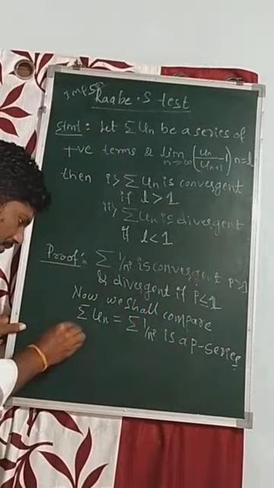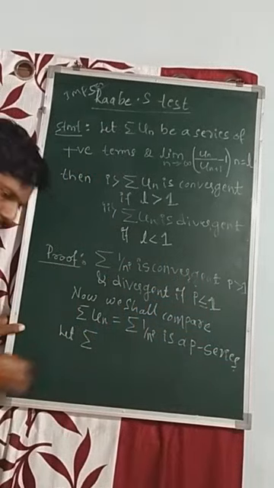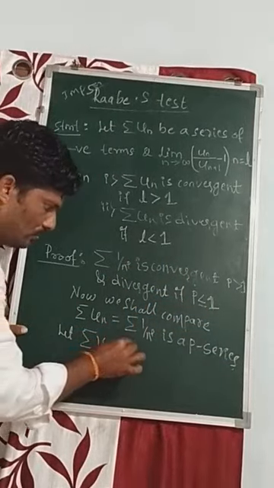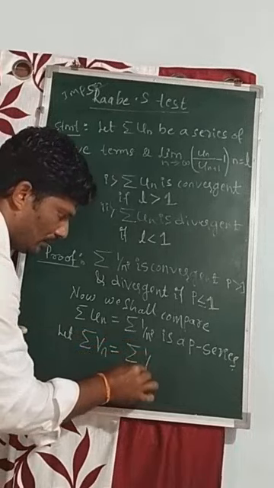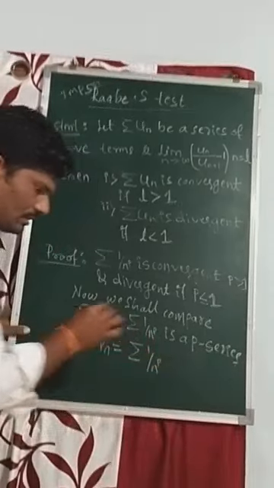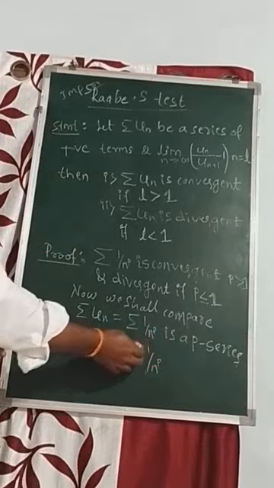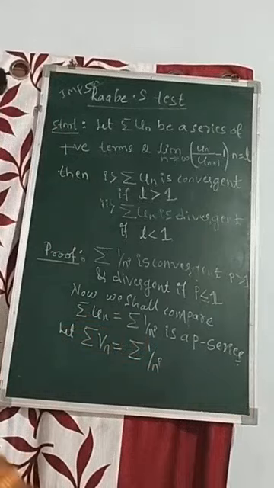Let summation of vn be equal to summation of 1 divided by n raised to p.